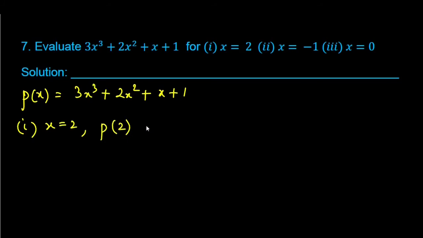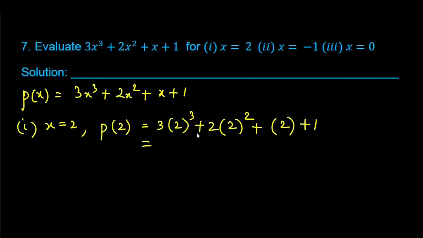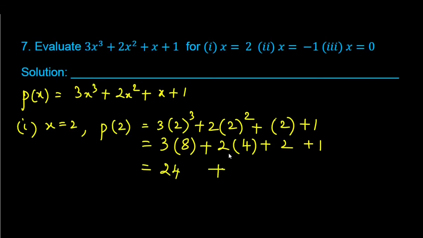P of 2 is equal to 3 into 2 cubed plus 2 into 2 square plus 2 plus 1. 2 cubed is 8. So 3 into 8, plus 2 into 2 square, which is 4, plus 2 plus 1. 3 eights are 24, plus 2 into 4 is 8, plus 2 plus 1.